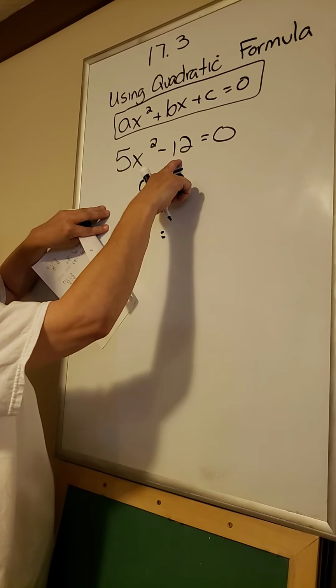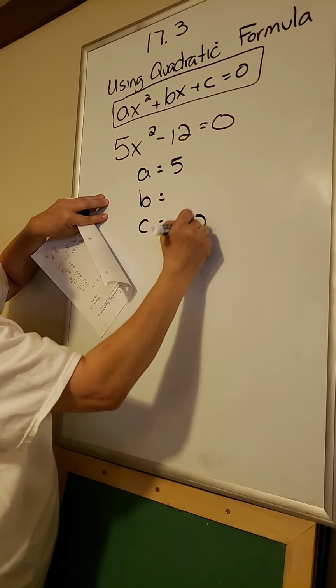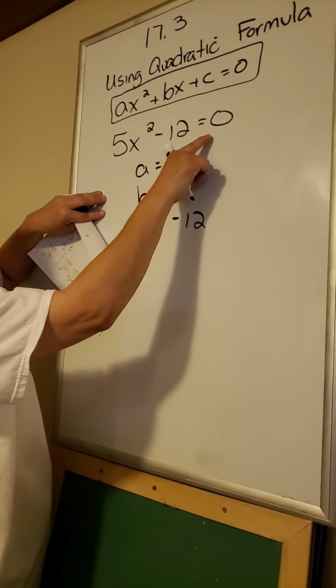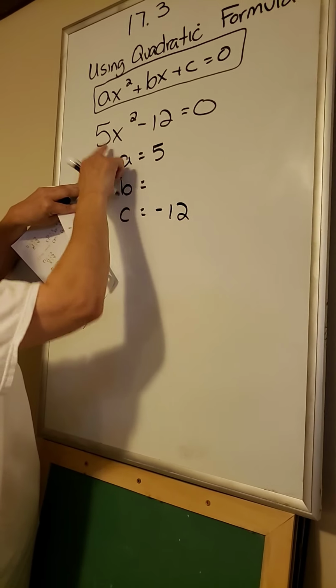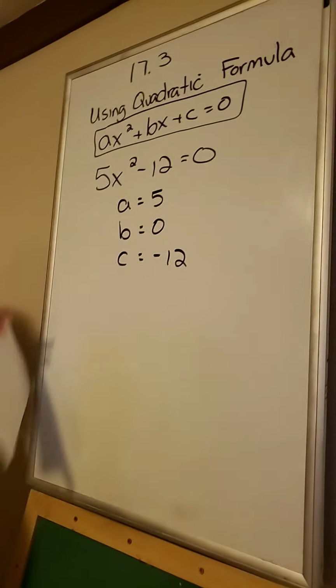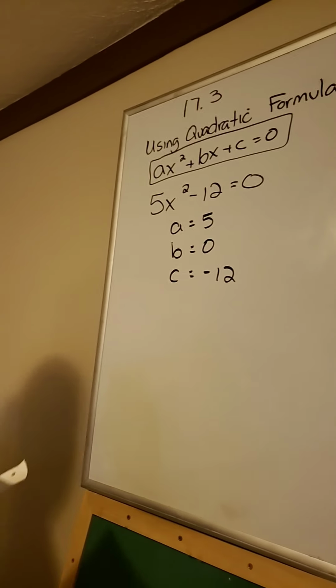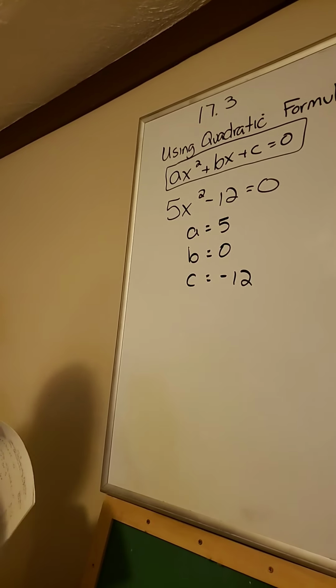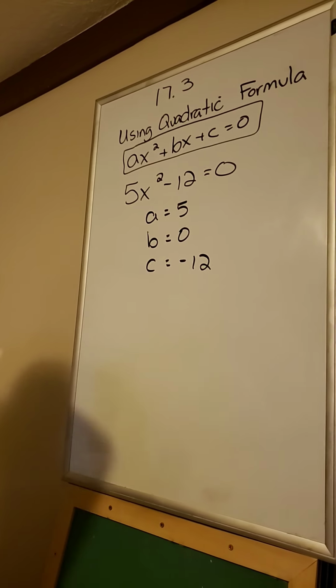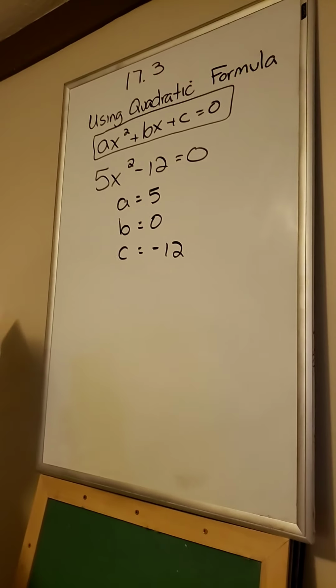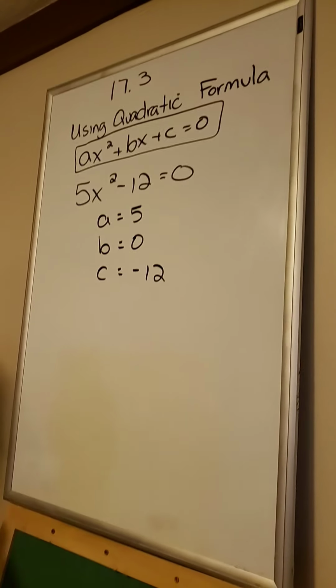You have a C, which is negative 12. What about your B? You don't have an x term. So in that case, you're going to make it a 0. Don't just not write anything down. You need to write that 0 in there, because when you use the quadratic formula, you're multiplying, and you know anything multiplied by 0 is 0. So it's important that you write that down.